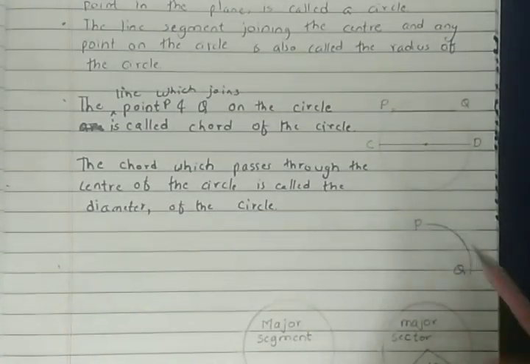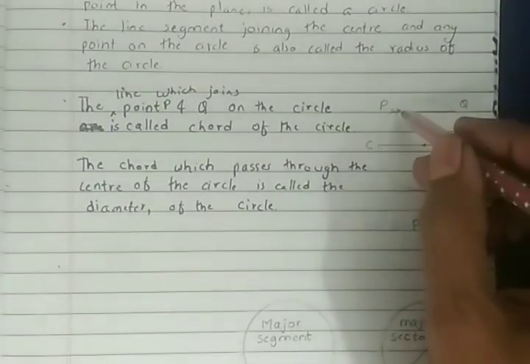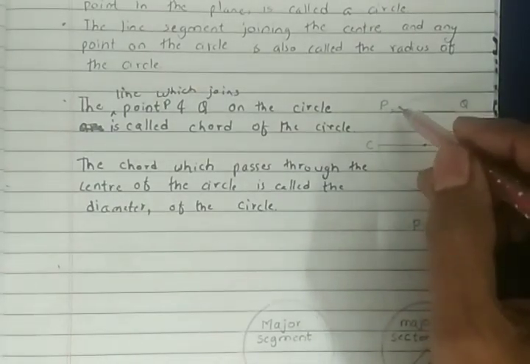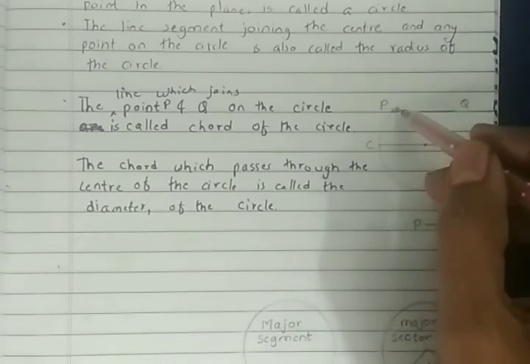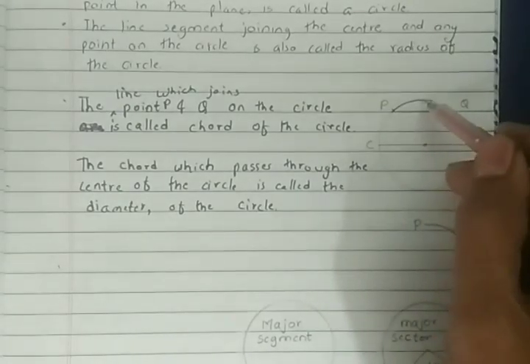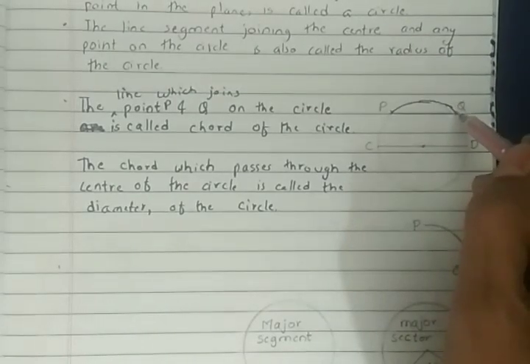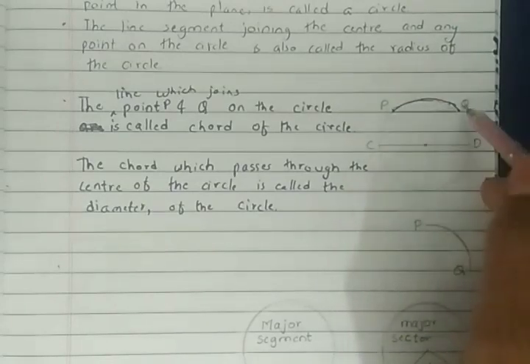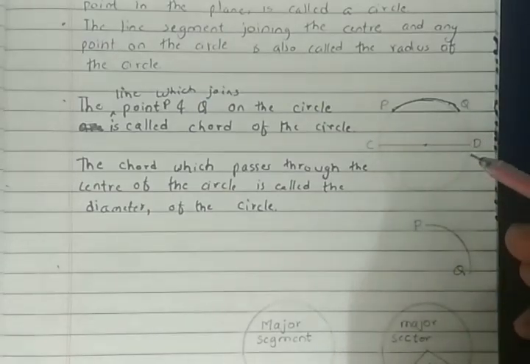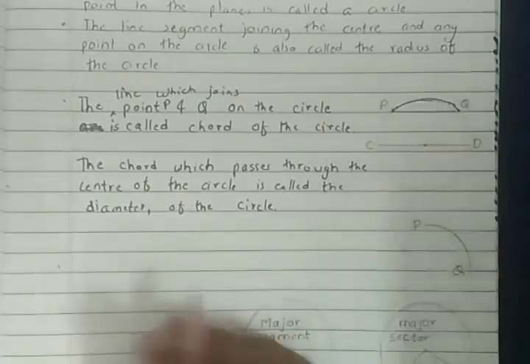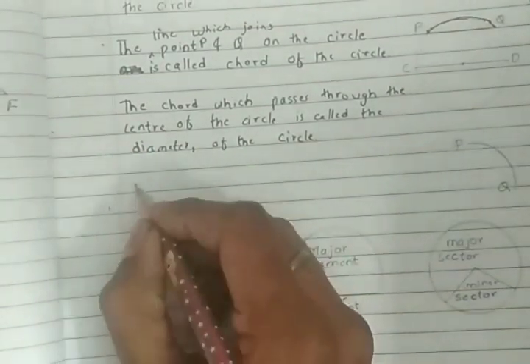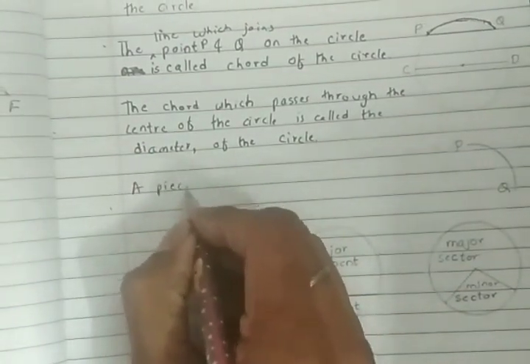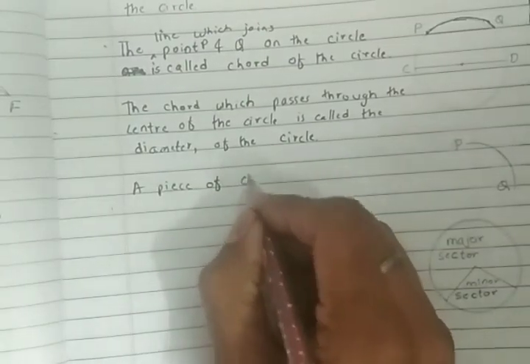Now you can see this PQ curved line. So any line which is joining these 2 points P and Q, this curved line is joining P and Q, is called arc of the circle. You will write the definition for that. A piece of circle.